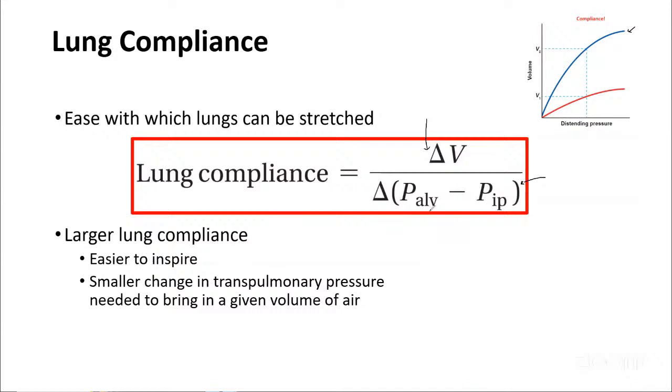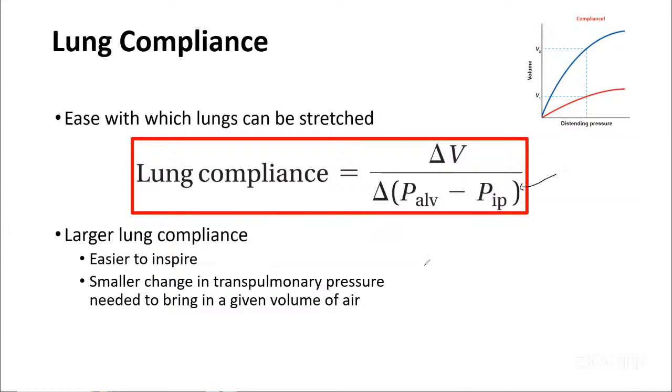So let's say we just want to use our normal forces, our normal transpulmonary pressure, a normal amount of muscle working. Our muscles working are creating these changes in our pressures.